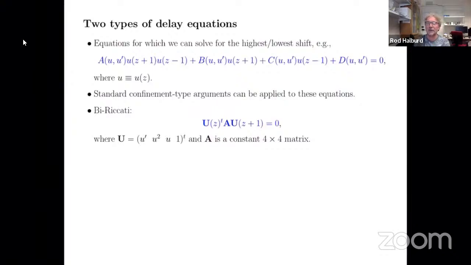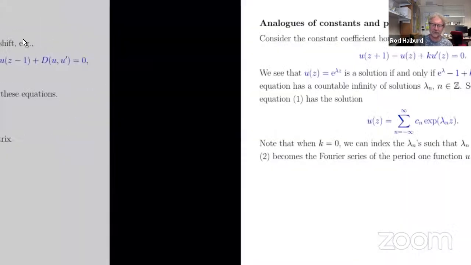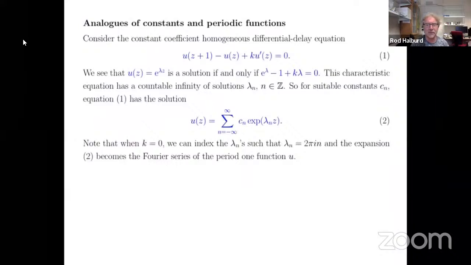And again, it's characterized by the idea that to solve for little u at z plus 1, I just need u at z and its derivative, and it's a Riccati equation to do so locally, and the same going back the other way. When I say Riccati, I'm also including the degenerate case where it's linear.